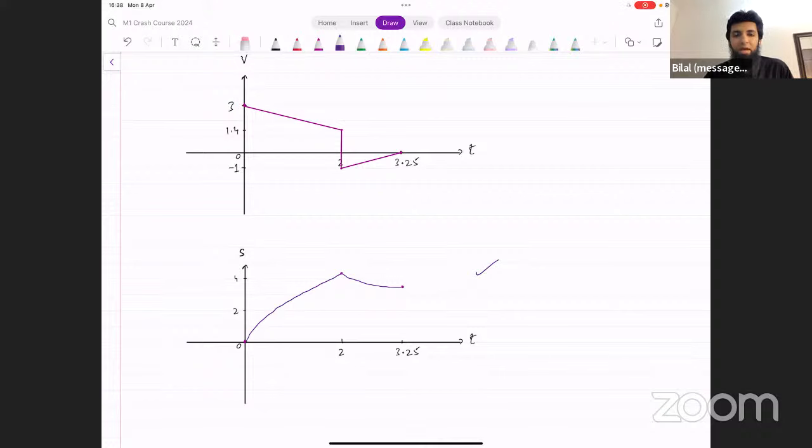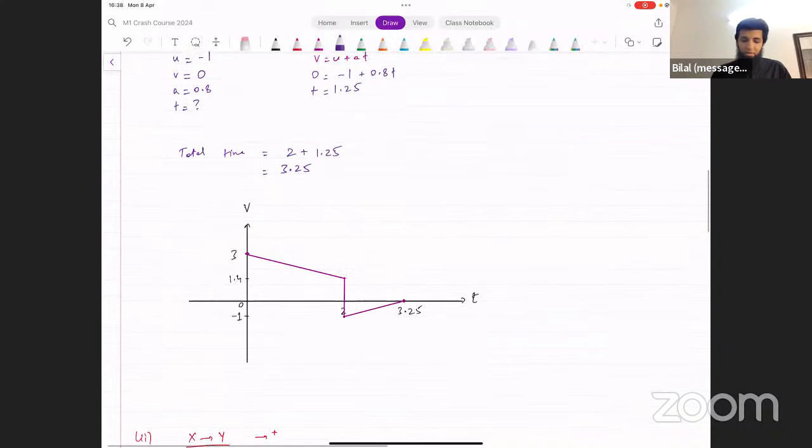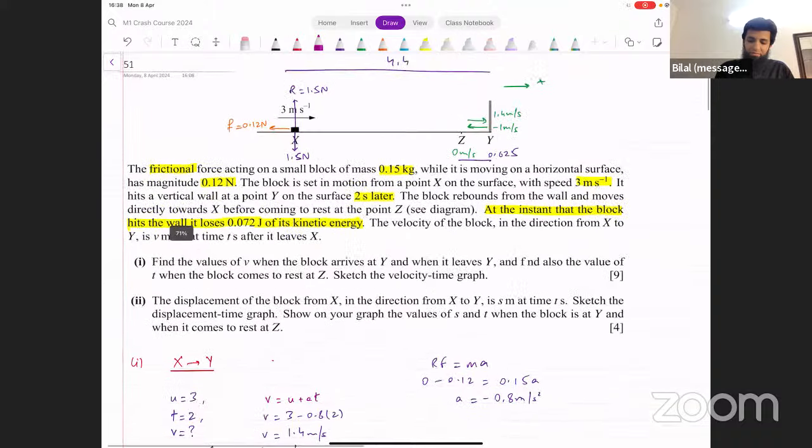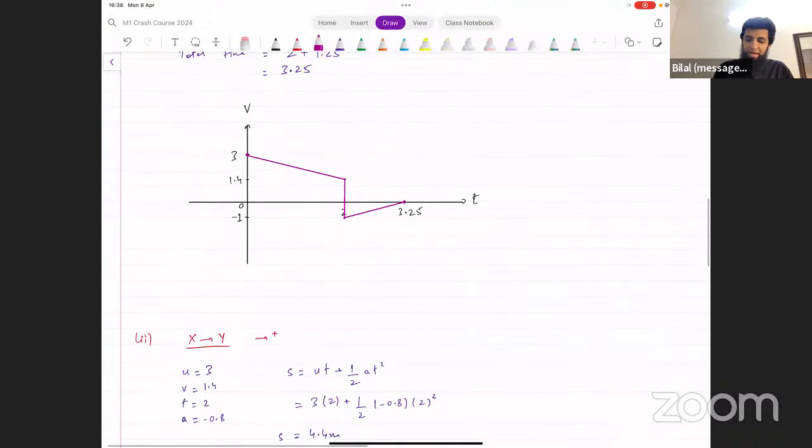How can you figure out whether to draw straight lines or curves? In the previous case, in the velocity time graph, acceleration was constant. So basically, you have to think about the gradient of the graph. If the gradient is constant, it's straight lines.